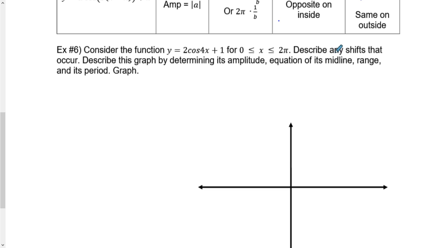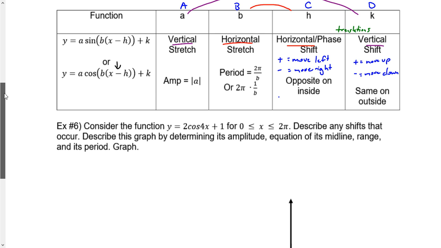So let's look at any shifts here. Well, first off, there is no number being subtracted on the inside. That is all on the inside. So there is no horizontal shift. But this k value, there absolutely is one.